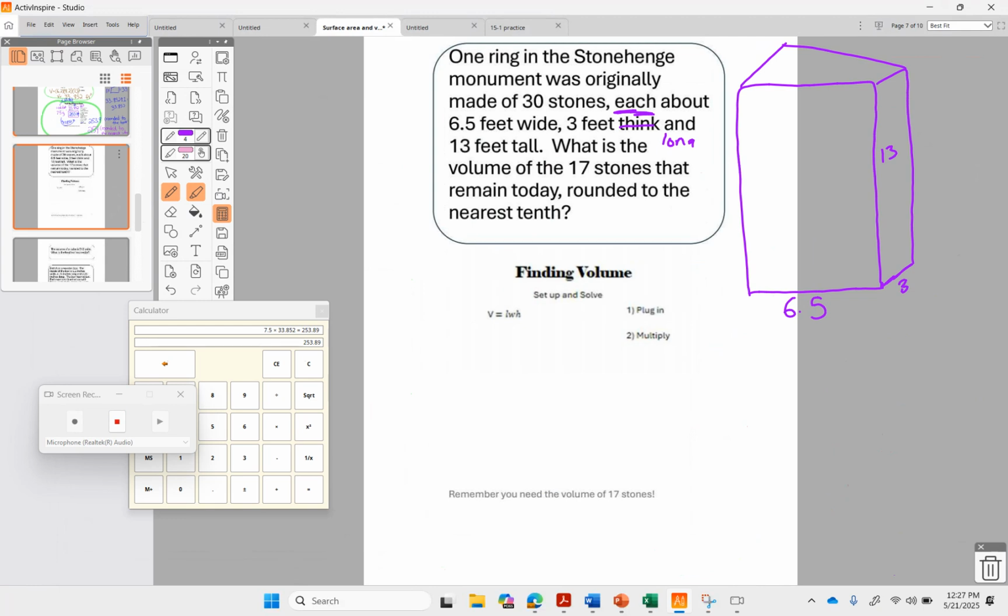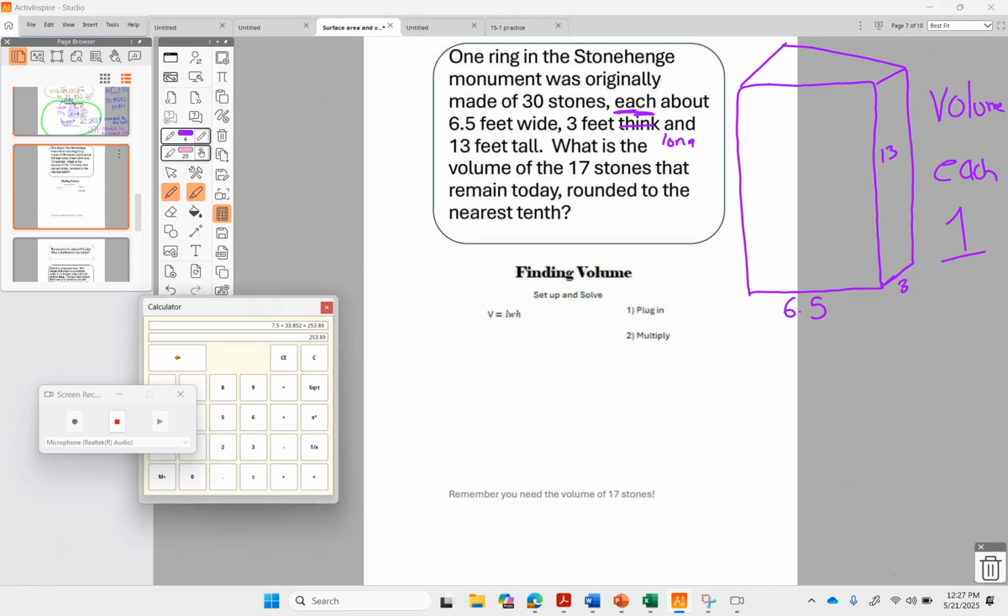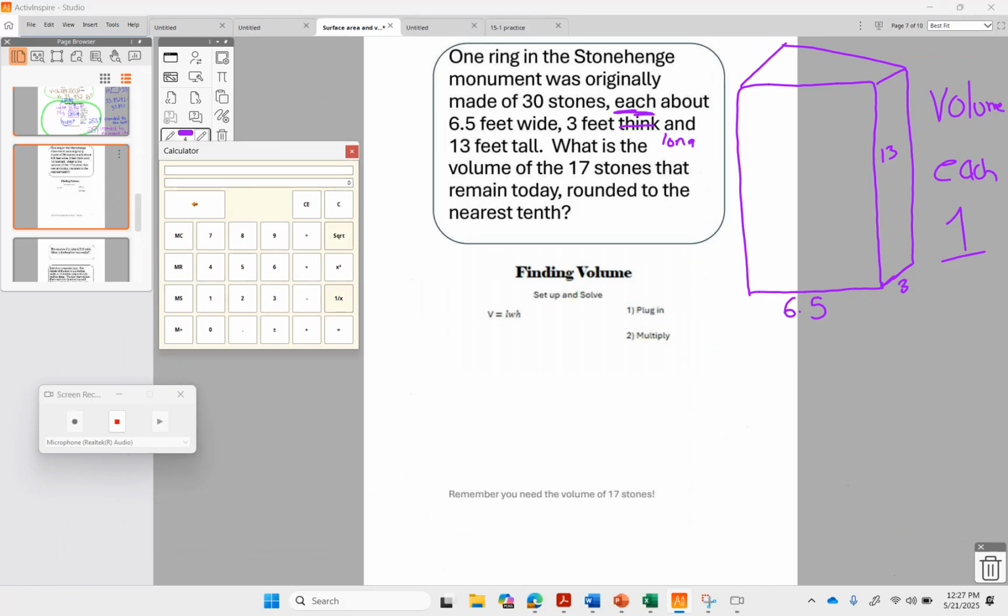So this is the volume each. Each means 1. So let's first find the volume of that. We're just going to multiply those 3 numbers, which is 6.5 times 3 times 13, and I'm going to get 253.5 cubic feet.